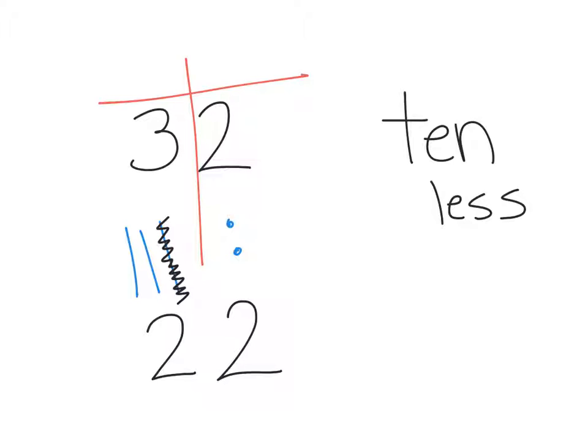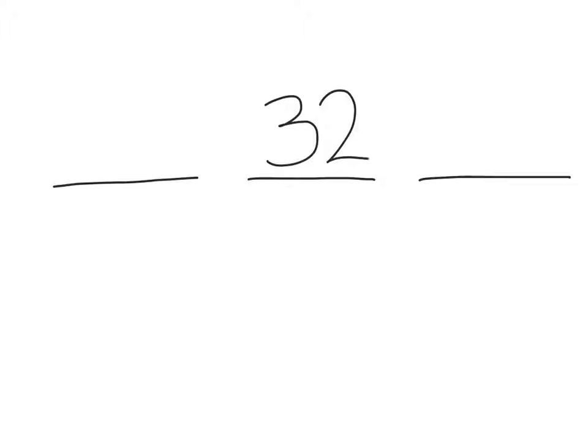So when we look at that in the chart that we've been filling out on our paper, that chart looks similar to this. And you're given the number like 32 in the middle. And on one side, if you go to the left, you know you're doing 10 less. It's like going backwards the way you would read.